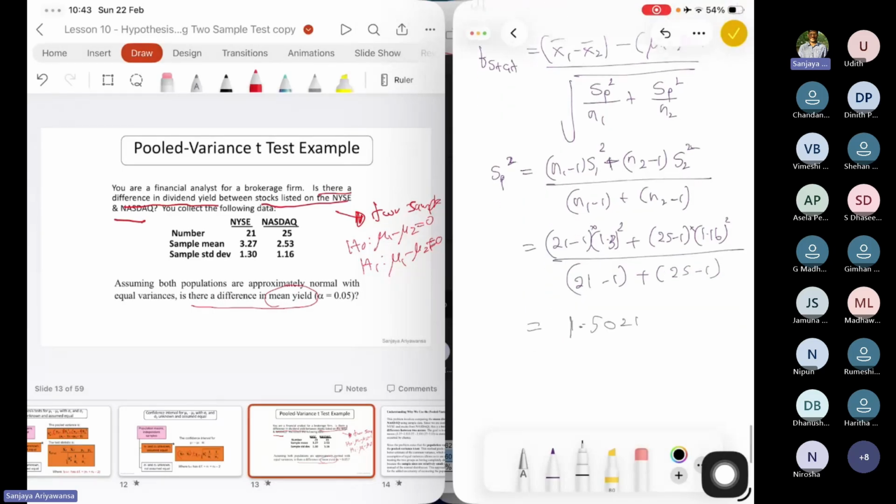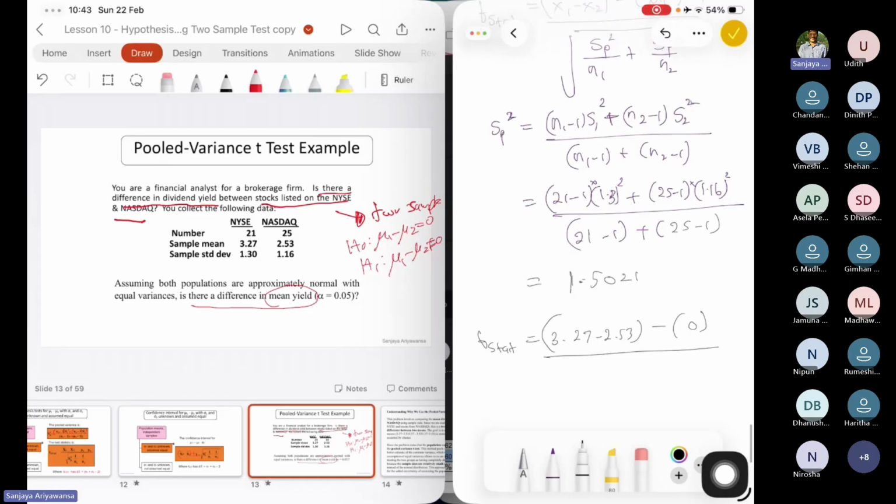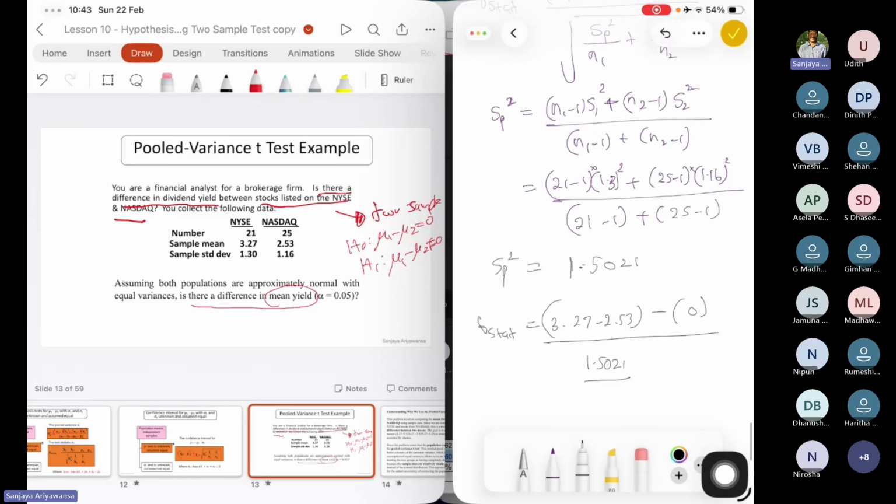Now I go and calculate my t-test statistic. So x1 bar minus x2 bar: 3.27 minus 2.53, minus (mu1 minus mu2). I'm claiming there is no difference, so let's assume it's 0, divided by the square root of sp squared, 1.5021, divided by n1, which is 21, plus sp squared, 1.5021, divided by 25.